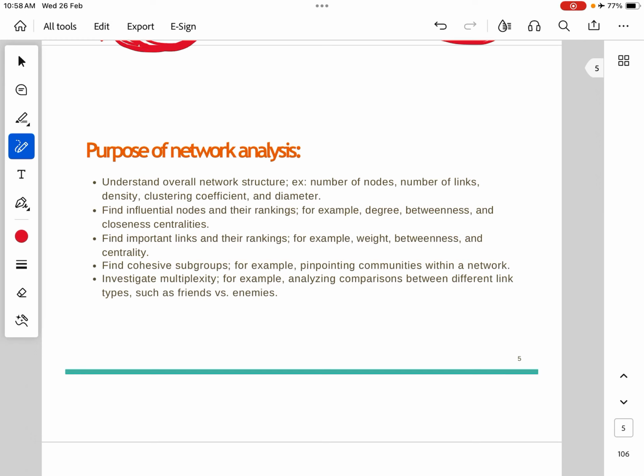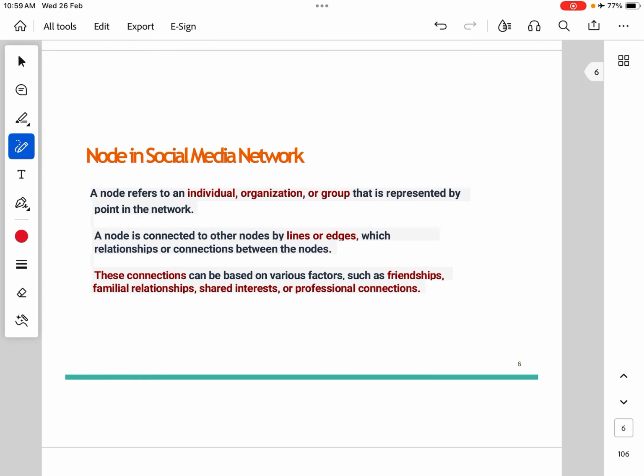Find cohesive subgroups, for example pinpointing communities within a network. Investigate multiplexity, for example analyzing comparisons between different link types such as friends versus enemies. All these things we'll be understanding in later chapters.